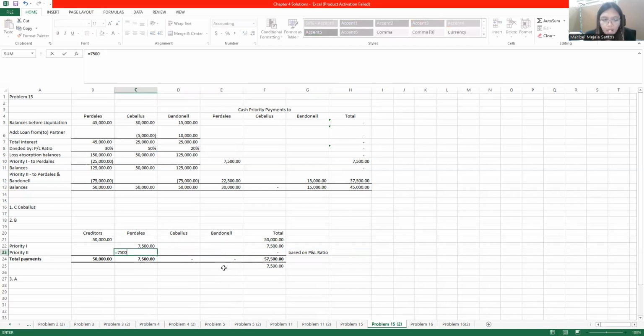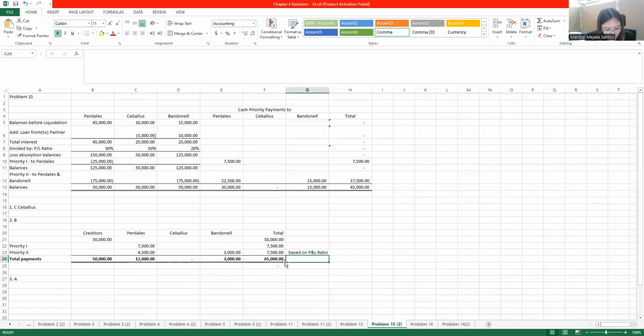So, 7.5 times 20 over 50, for a total of 7.5. 4,500 to P and 3,000 to B. So that's how we are going to distribute it. The answer is letter B.